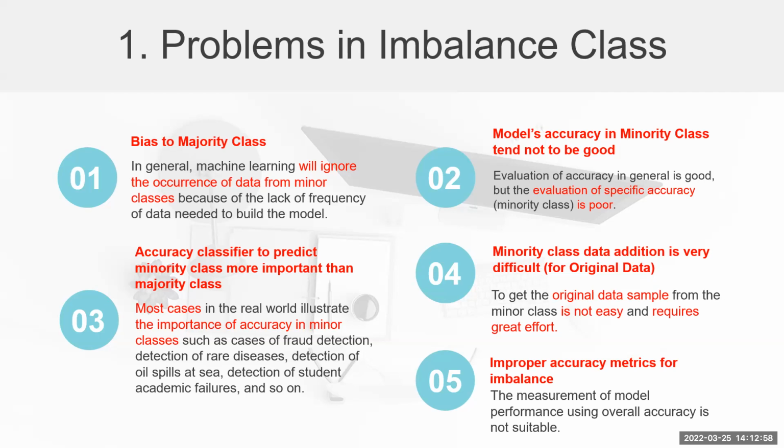Nah, that's a contradiction. That's a contradiction. So that is the main problem in imbalance classes. In fraud detection or rare disease classification, detection of oil spill at the sea, student academic failure, and so on.